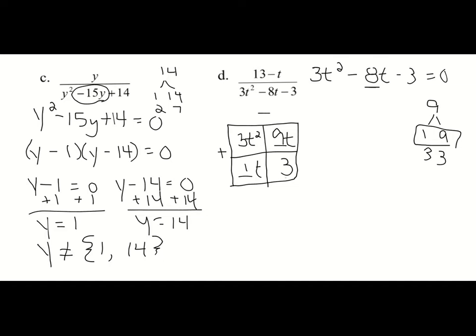And now I'm going to factor across on the bottom first. So the greatest common factor for 1t and 3 would be 1. For 3t squared and 9t, my GCF would be 3t. Now when we factor up, for 3t squared and 1t, my GCF would be t.